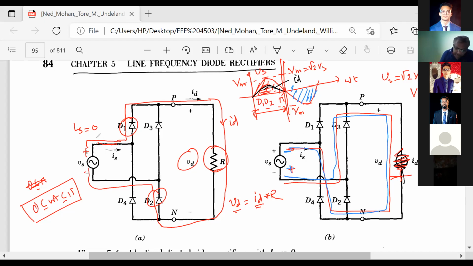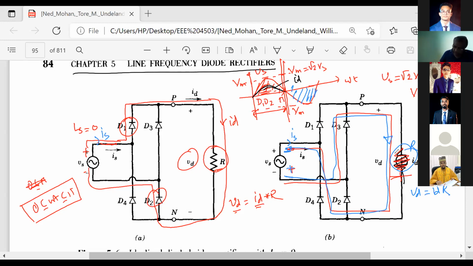So the direction of the current IS was here, and now IS is negative, right? For the negative half cycle. Yes, sir. But the voltage VD equal to ID R, because current is going in the same direction through your load. Am I correct or not?